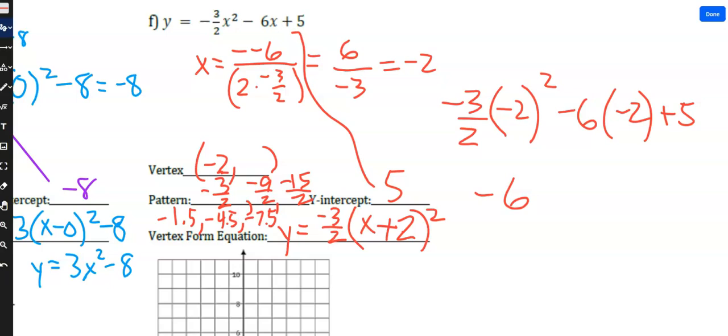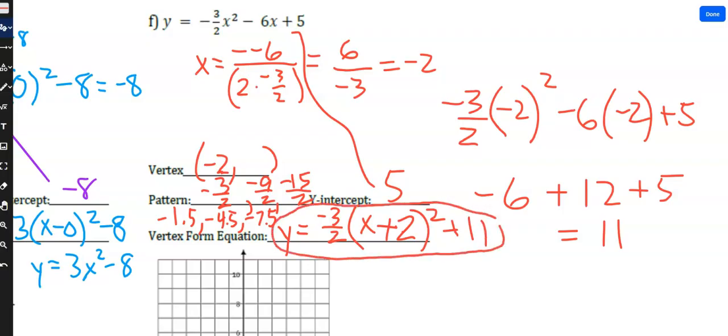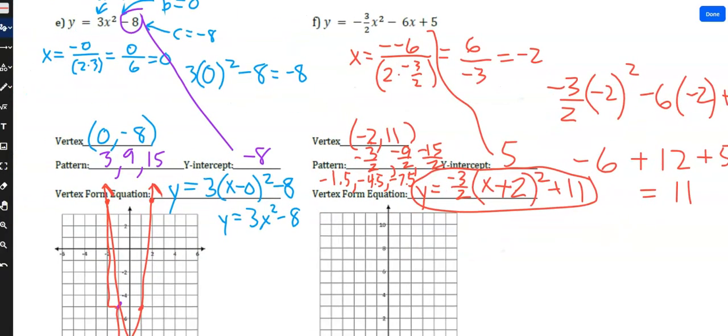That makes that first term negative 6. And then I've got a positive 12 and a plus 5. So 17 take away 6 is 11. So we have a plus 11 on the end of that equation. So vertex is at negative 2, 11.